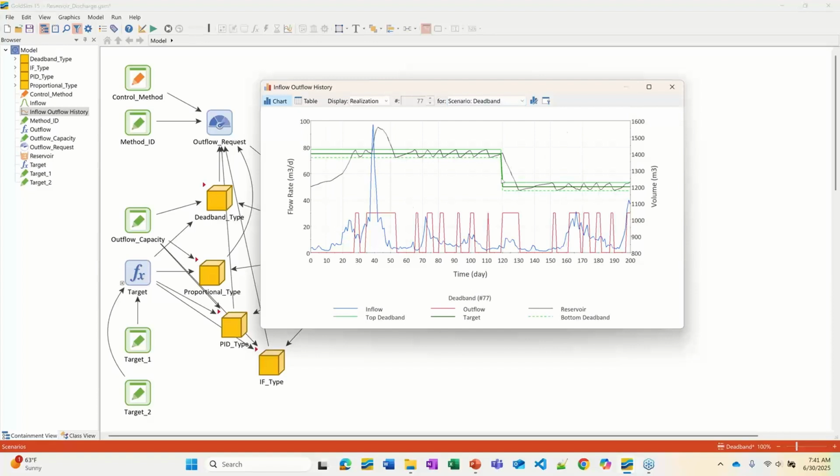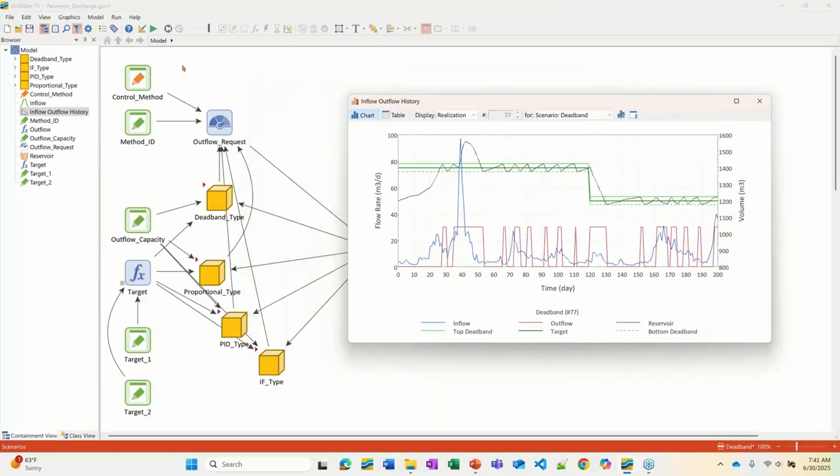So here's the deadband, and you can see that it's showing the sawtooth formation that I was talking about earlier. However, you should notice that there are times where it doesn't look like we're exactly touching. So that's where we need to talk briefly about unscheduled steps.